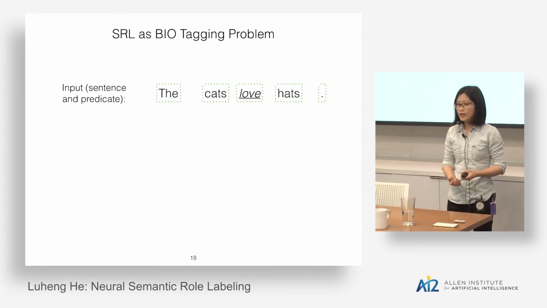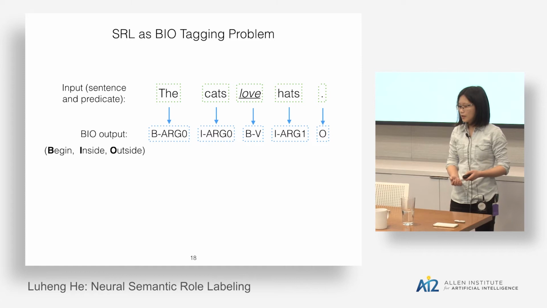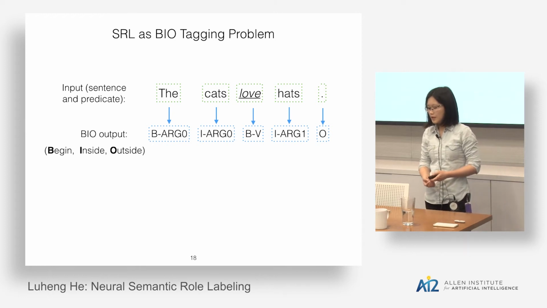So if we model SRL as a BIO tagging problem, the input is a sequence of words with the predicate, and the output is a BIO sequence. There's a one-to-one correspondence between the words and the output tags, which kind of simplifies the problem. So BIO means begin, inside and outside, which indicates the boundary of the SRL spans.